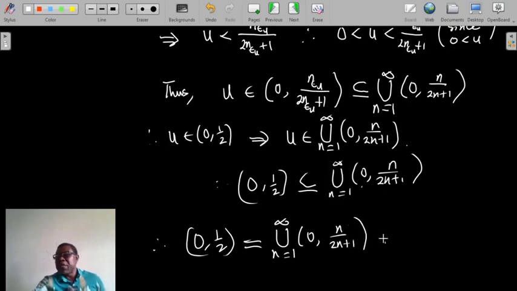So I did this example for the listeners to see one way of using the concept of supremum to solve a given problem. You can see, if one is not conversant with what we've done, this problem will look innocent but crazy, because you may not know how to start and how to do this.